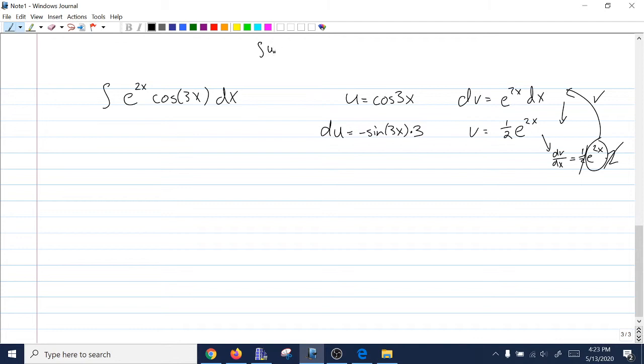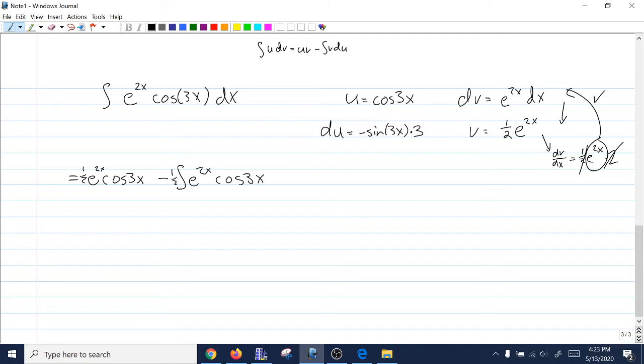Integral by parts formula says integral of u dv is uv minus integral of v du. So this integral equals uv, which is cosine 3x times 1/2 e to the 2x, minus the integral of v du is 1/2 e to the 2x cosine 3x. Here's a question to ask yourself: have I made the problem any easier?